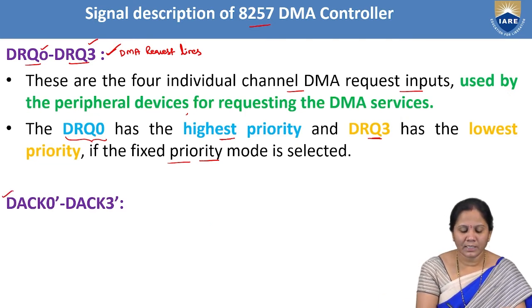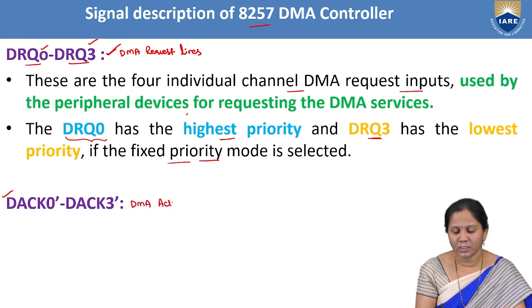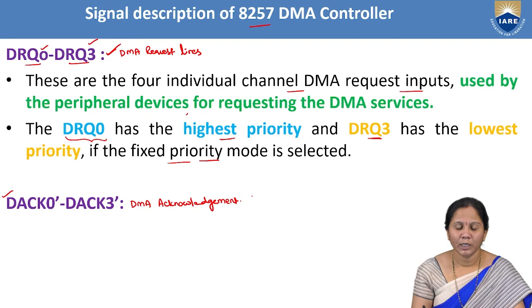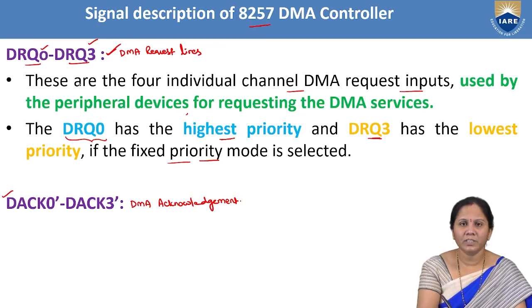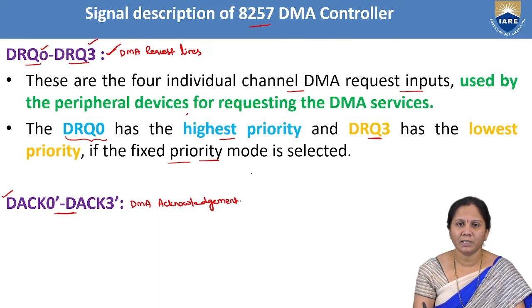And the next signals are the DMA acknowledgement signals. In accordance with these 4 DMA request lines, we will have 4 DMA acknowledgement signals also.